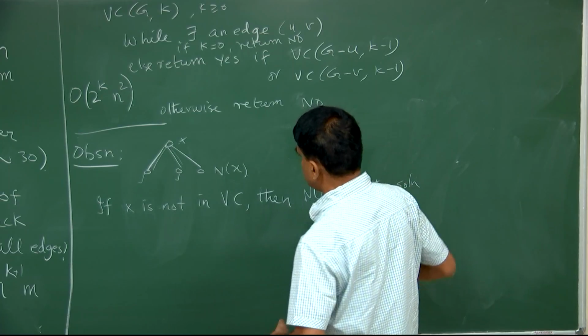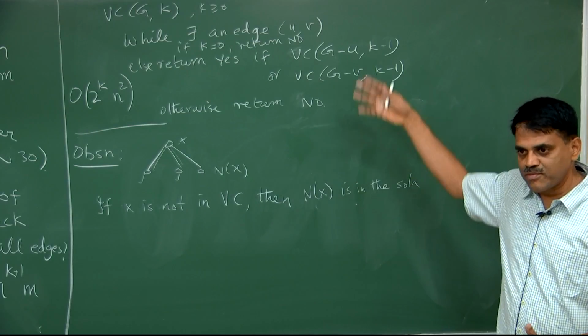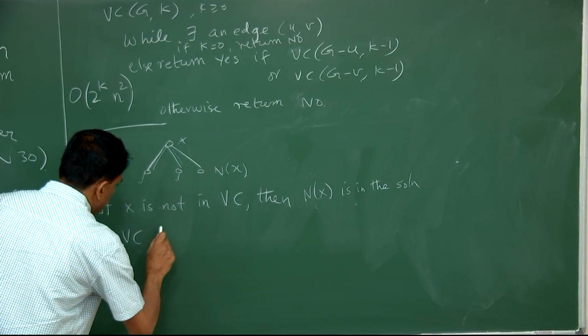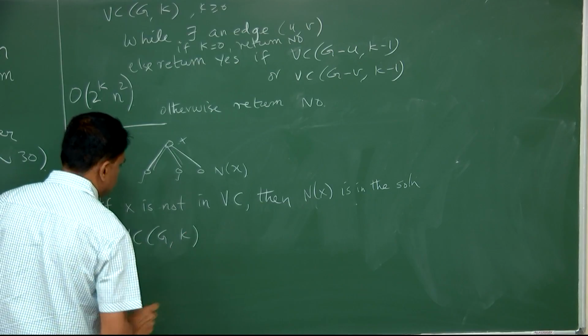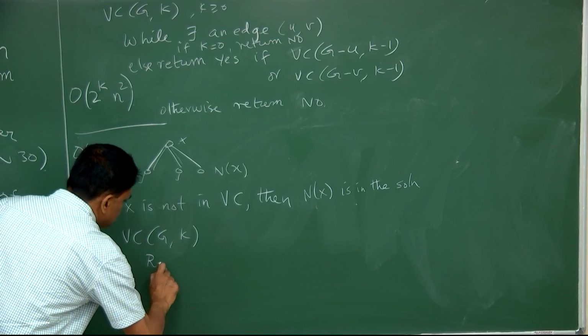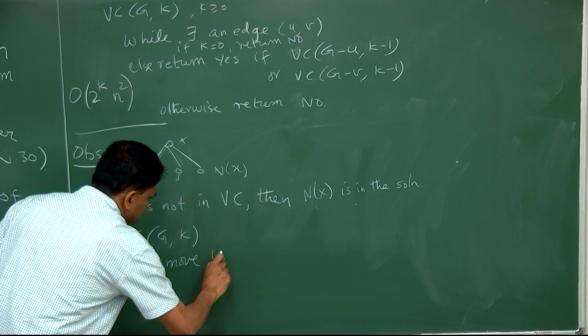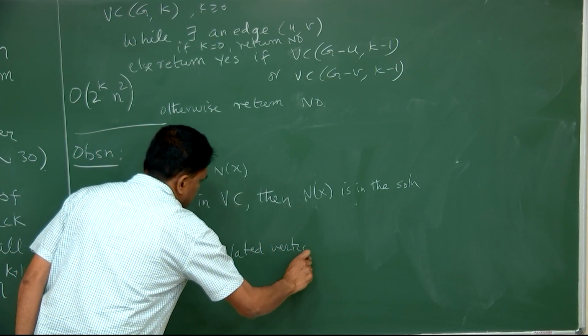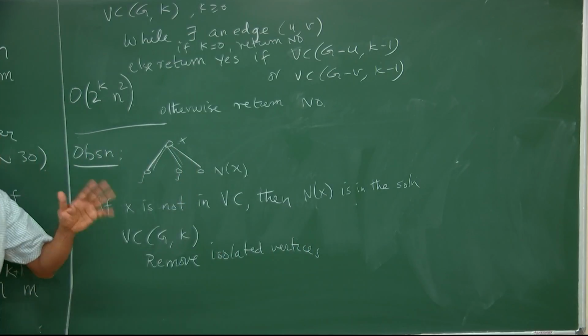Okay. So now this suggests another branching algorithm. Let's write another branching algorithm. So let's first of all remove isolated vertices. They play no role in covering edges.